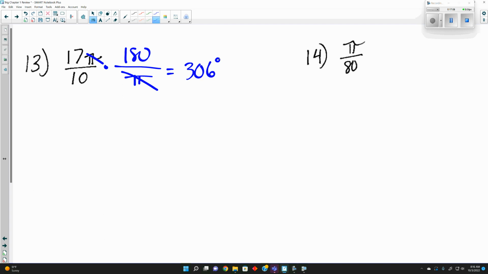We can multiply them together. So you can still plug it in as 17 pi over 10 times 180 over pi, and it will give you the answer. But if it already has pi, it's going to cancel itself out, and we can solve from there. Questions on any of this here?